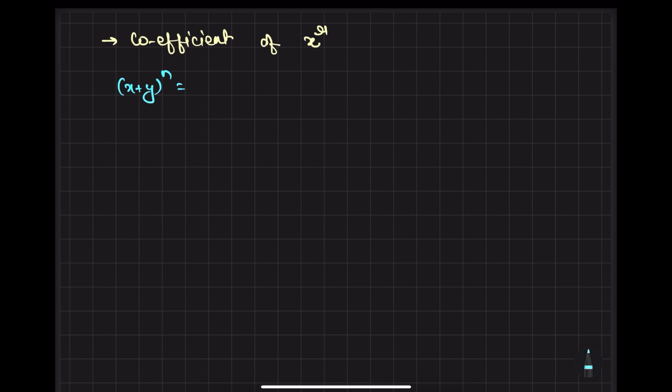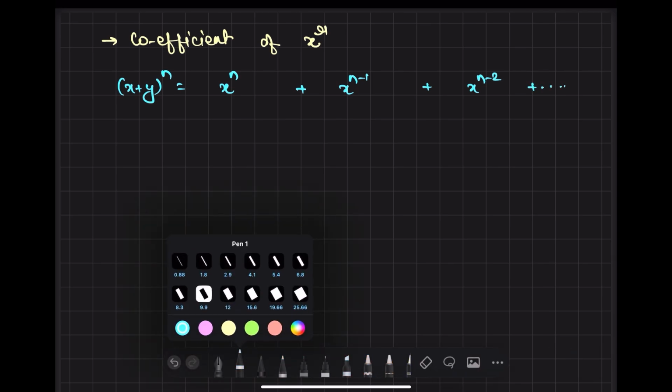You know that in the first part we will give maximum power to x and then we will keep on reducing the power of x by 1. So n minus 1, x power n minus 2 and so on. Need not go with every part.